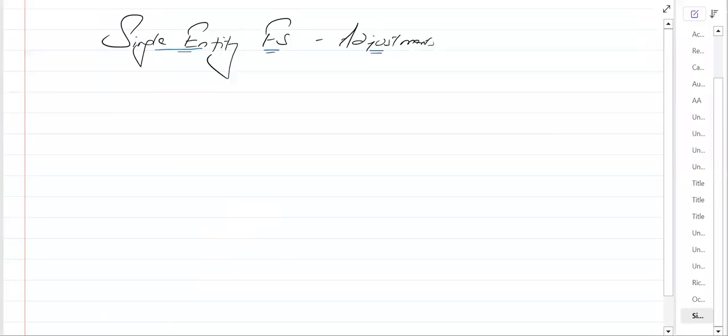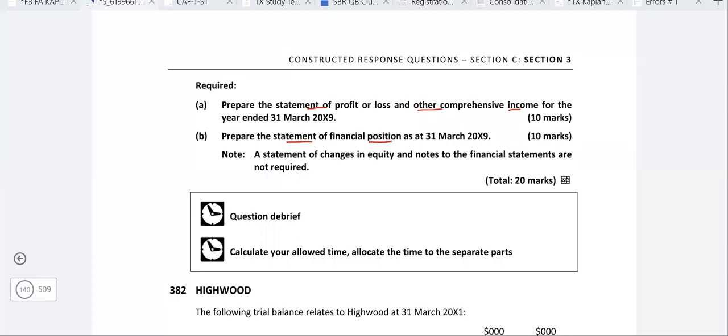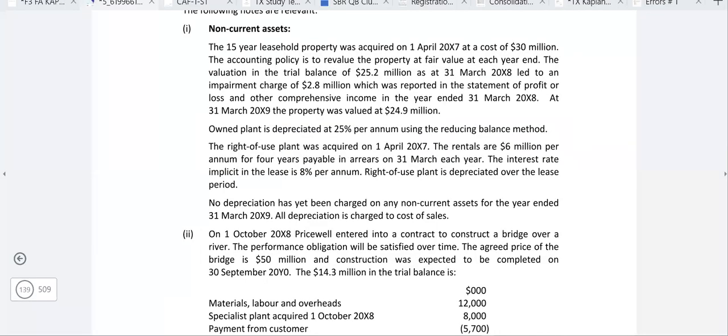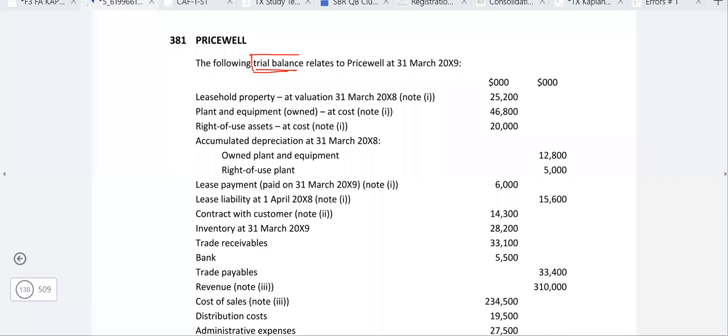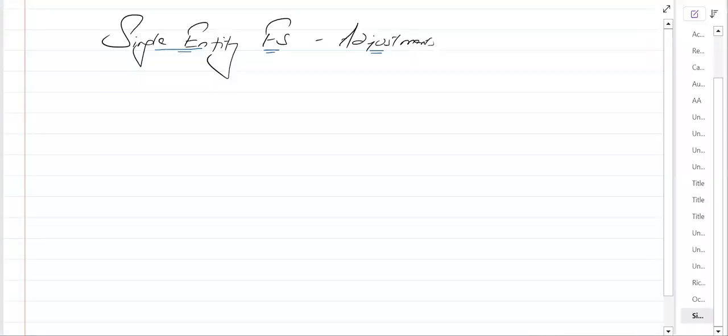So within the adjustments, you have adjustments from different standards, and every question is different, but there are 5 main standards from where you get the regular adjustment in the single entity financial statement question. First of all, IAS 16.